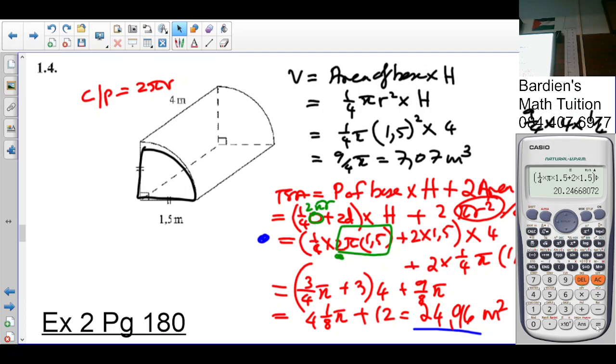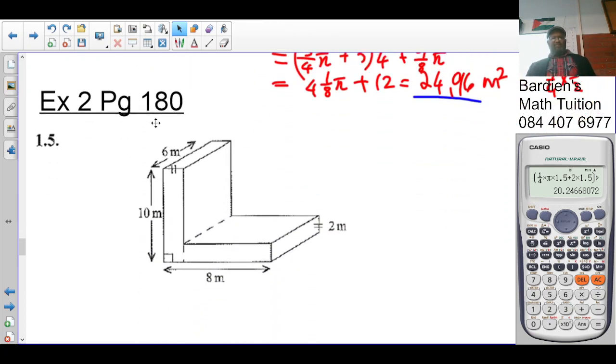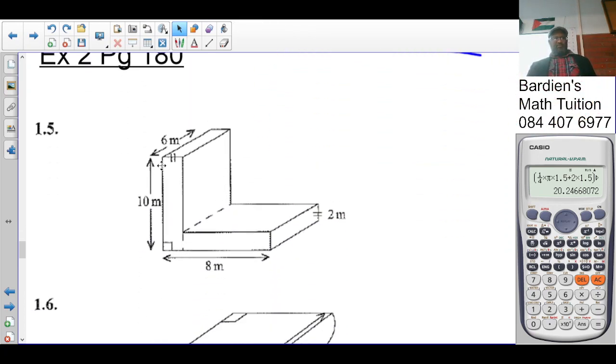So they are showing that 2 there. Why? Because the perimeter of a circle is 2 pi r. Not so? So it is 24.96. Okay. People, there is the next shape. 1.5.